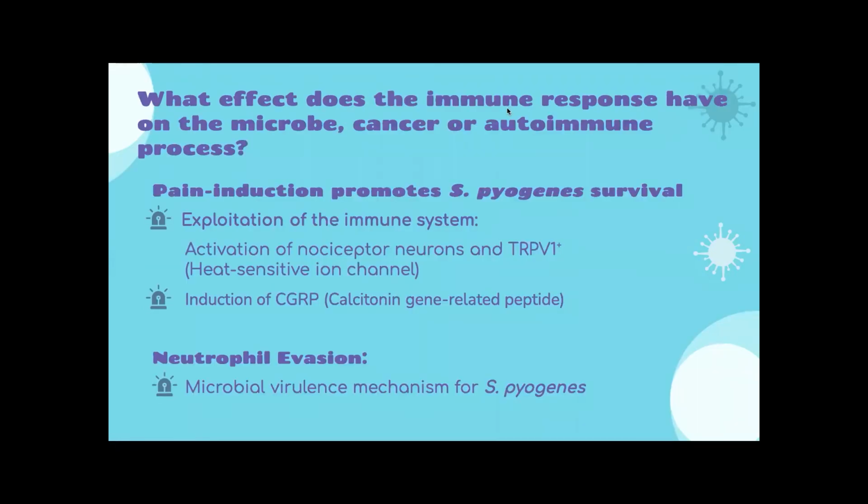And now looking at the effect that the immune response has on the microbe, this can be seen through the pain induction that is promoted by the exploitation of the immune system, which involves the activation of the nociceptor neurons and TRPV1+, which is a heat-sensitive ion channel, and the reduction of CGRP, which is a calcitonin gene-related peptide.